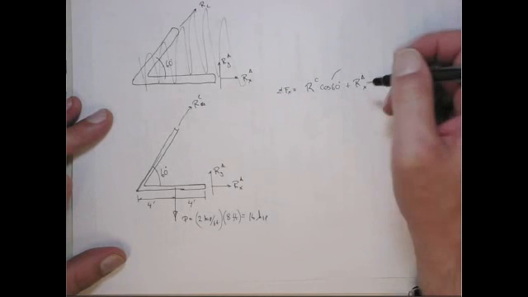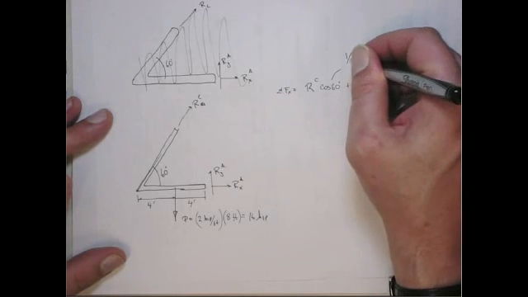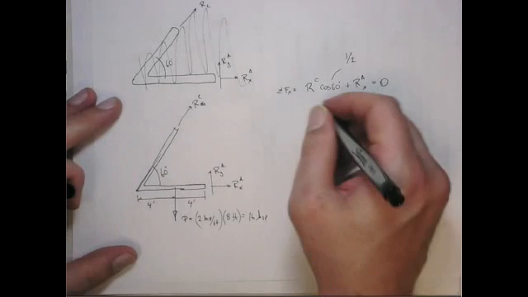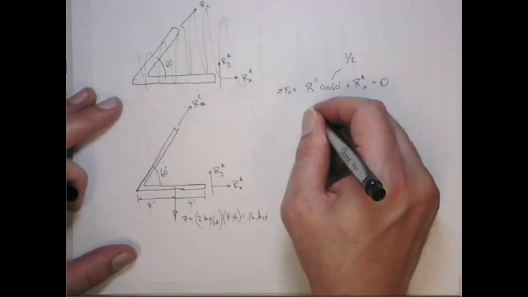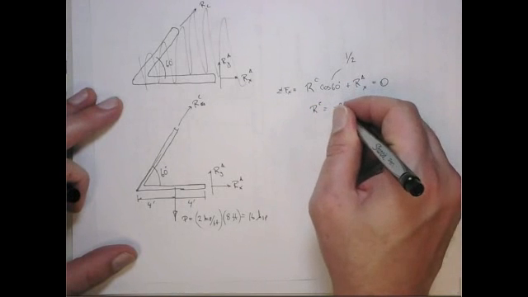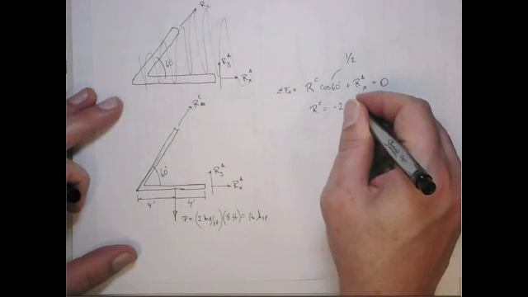Cosine of 60 is 1/2. So this just gives you the relationship that Rc has to equal -2 times the Rx at A component.